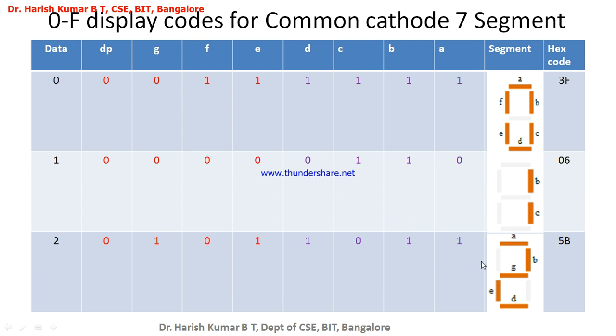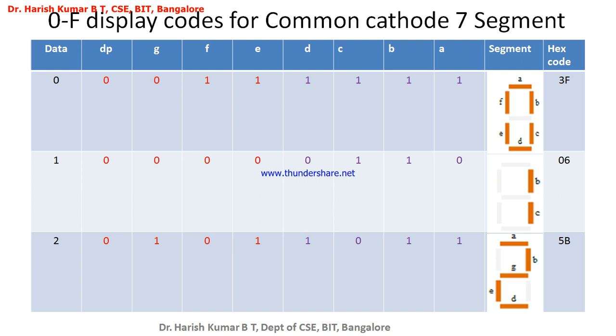So now the data corresponding to this in hexadecimal is 0, 1, 0, 1 is 5, and 1, 0, 1, 1 is B. This is how you have to compute the hex code for the digit which you want to display on the common cathode 7 segment.